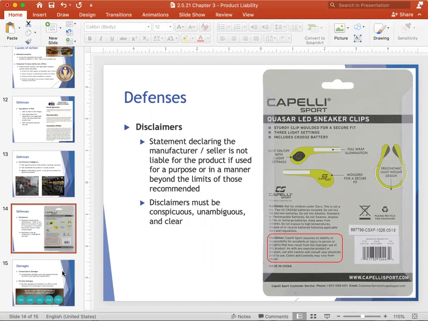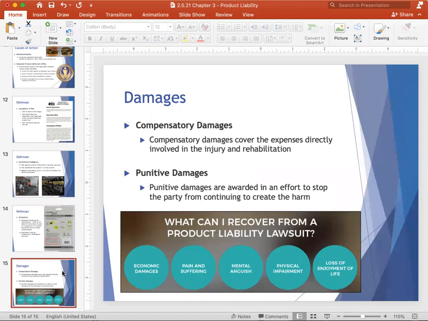Now, in a product liability lawsuit, if the defendant is found liable, it could be for misrepresentation, it could be for product defect, so design, marketing, manufacturing defect, or just strict liability. You put a super dangerous product in the marketplace. In this case, the courts can provide a remedy in the form of monetary damages to the injured party to make them whole again.